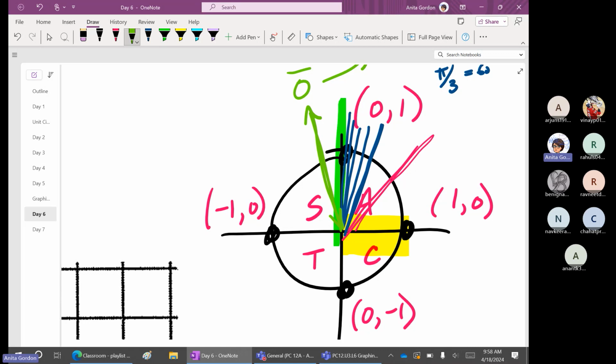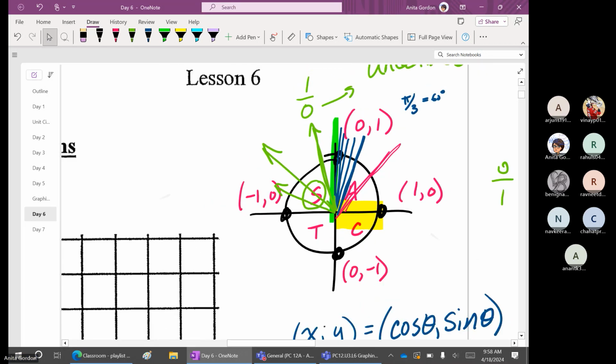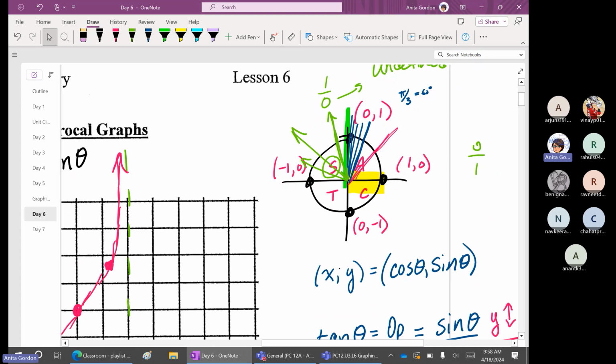One of the numbers is positive, one of the numbers is negative, because in the second quadrant, cosine is negative. So I'm going to have a positive over a negative. So all of them on this side are going to be negative numbers. Now tell me, is it going to be a big negative number or a small negative number? Compare it to these lines here. Is it going to be like negative 100 or like negative 0?